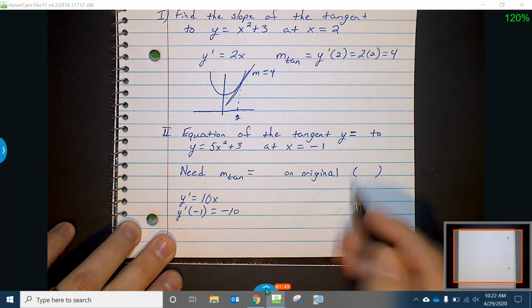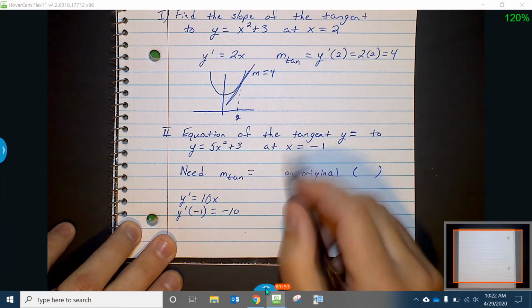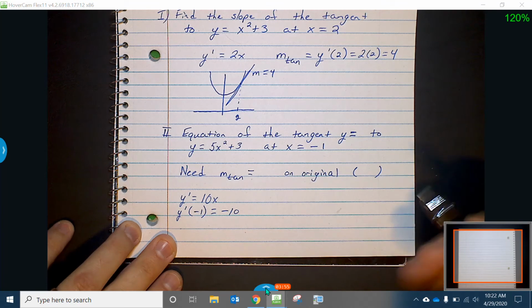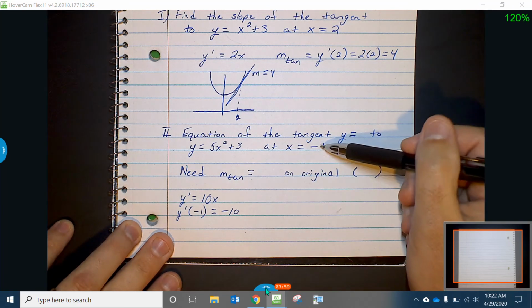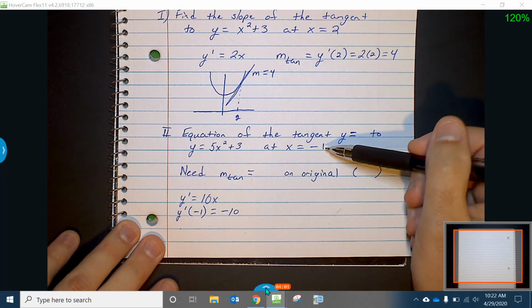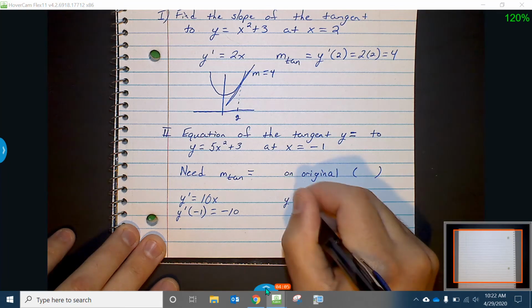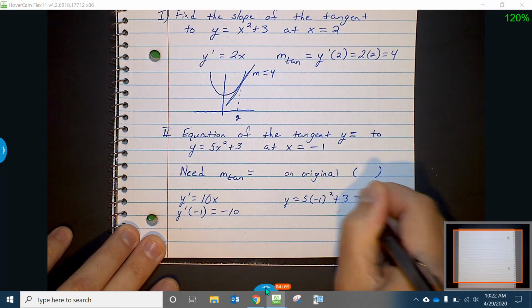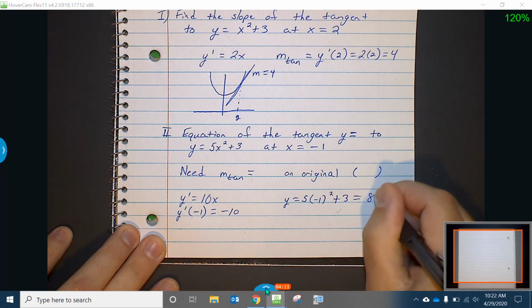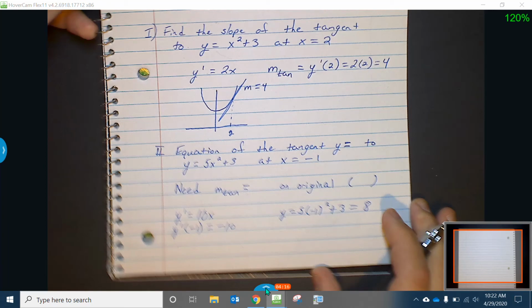But we also need the y value. I gave you the x value. Sometimes they give you the x and the y, but I just gave you the x value. So how would we find the y value on the original function if I gave you x equals negative 1? Well, you would plug negative 1 into the original function. So 5 times negative 1 squared plus 3, we get 5 plus 3 is 8, because negative 1 squared is 1 times 5.